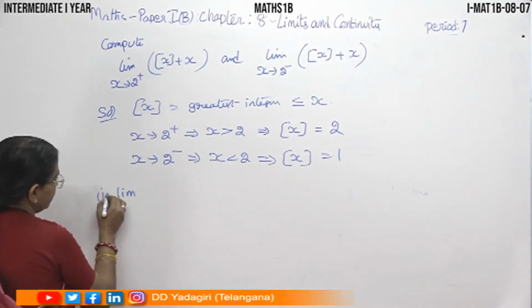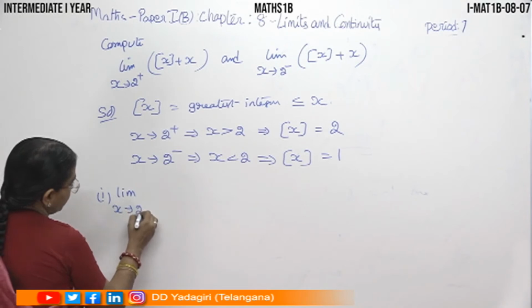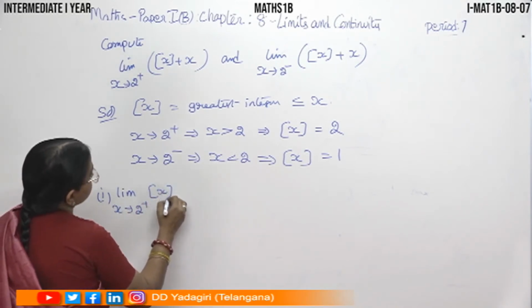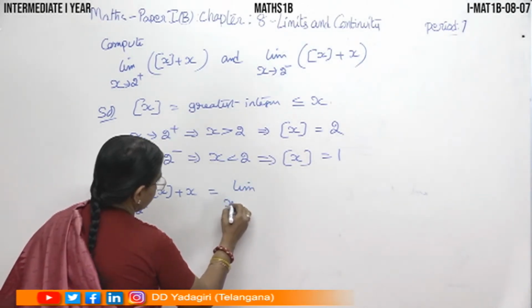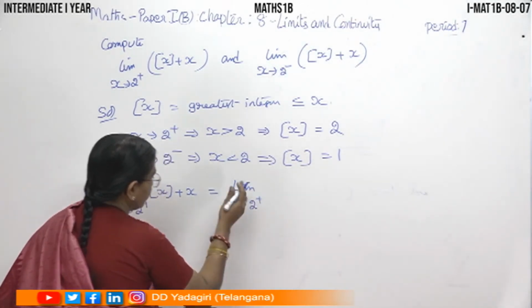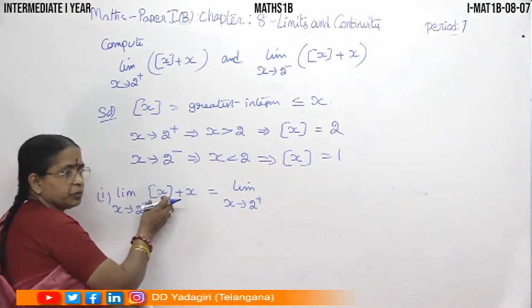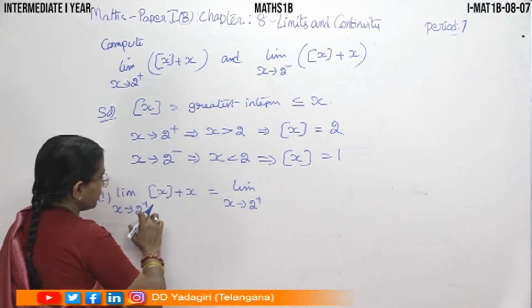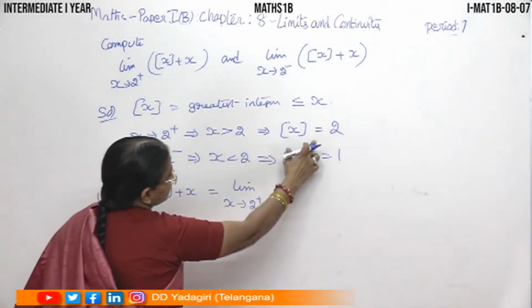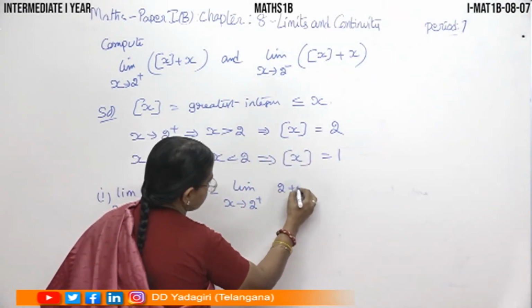So first, the limit as x tends to 2 plus of step x plus x. Like how we remove the modulus, here also we should remove this step function bracket and write its value. X tends to 2 plus, so it is 2. So 2 plus x.